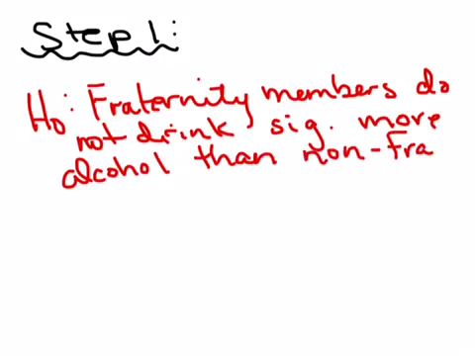I'm just going to put non-frat members. So that null again is that do not statement, and we have our more, which is suggesting an increase, or one tail.